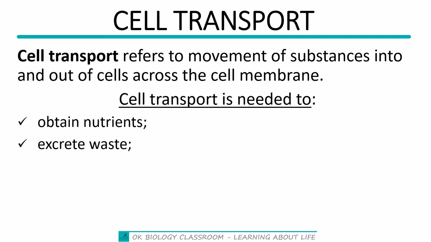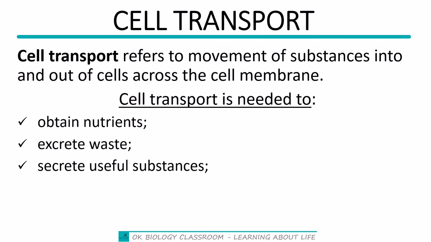And when the cell also undergoes metabolism and gets a lot of waste in them, these wastes would have to be removed from the cell. And it's by cell transport that these wastes are taken out of the cell. From time to time, some cells also produce some very useful substances like enzymes or hormones, and these substances would have to be taken out of the cell to other parts of the body, especially in the case of multicellular organisms, so that these substances can be used for the body's activities.